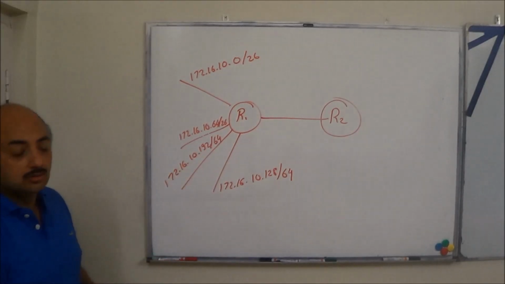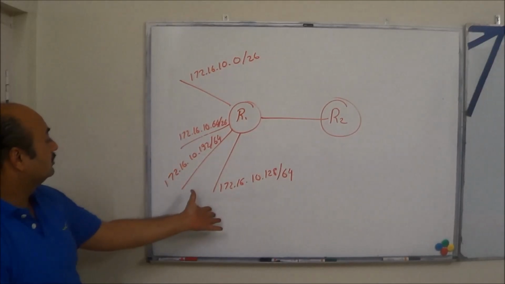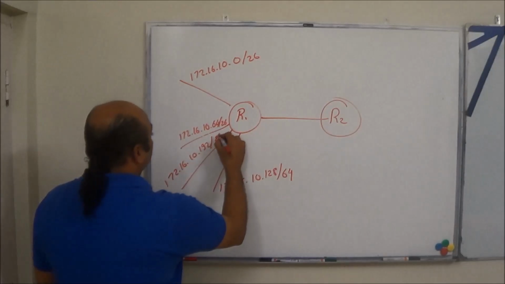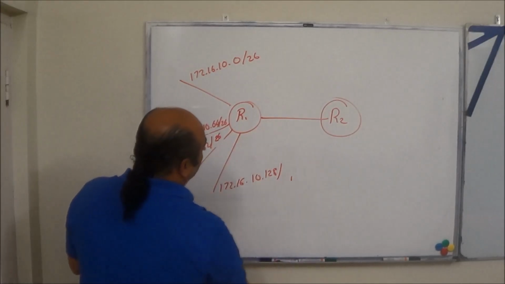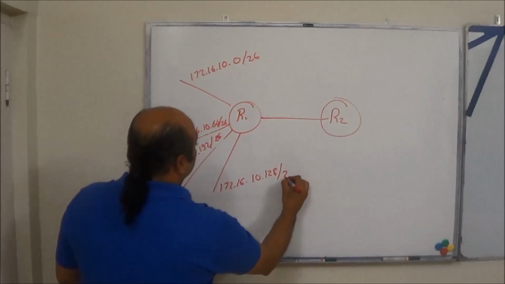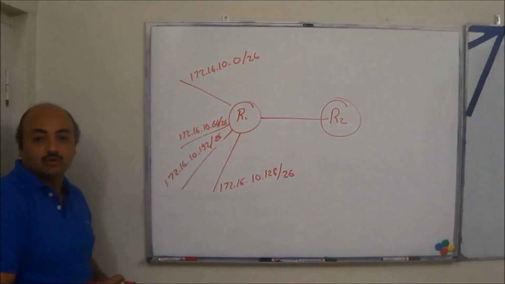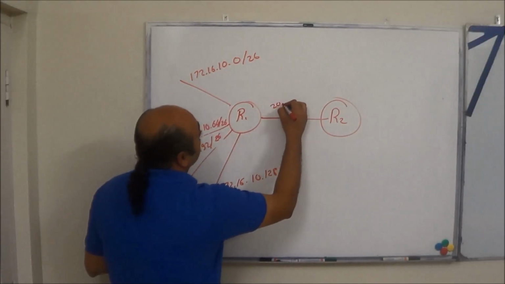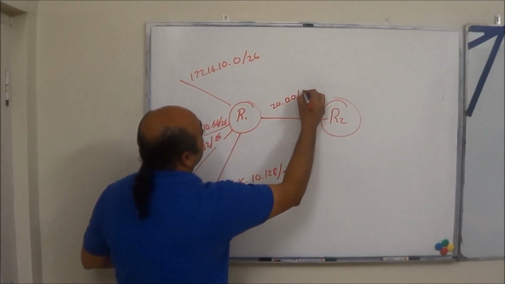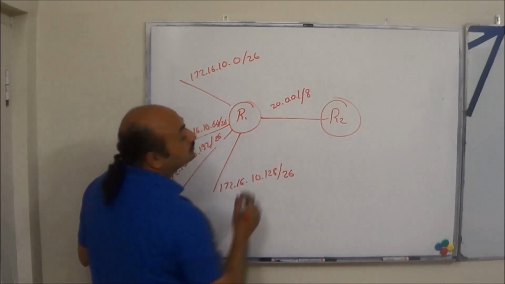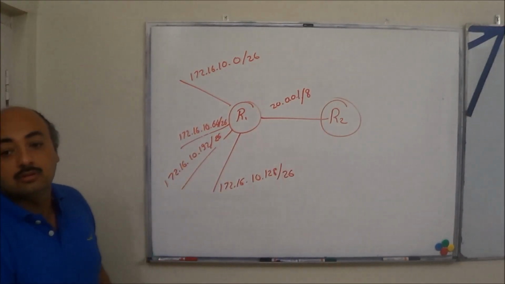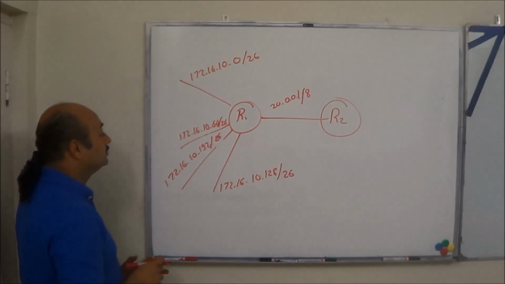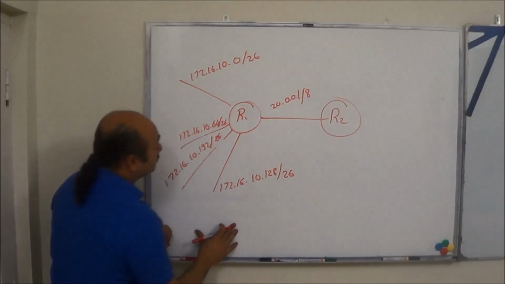Is this clear? 4 different subnets, slash 26. My bad, we are not into IPv6. 4 different subnets. What is this? This is 20.0.0.1/8. What will we be configuring here?